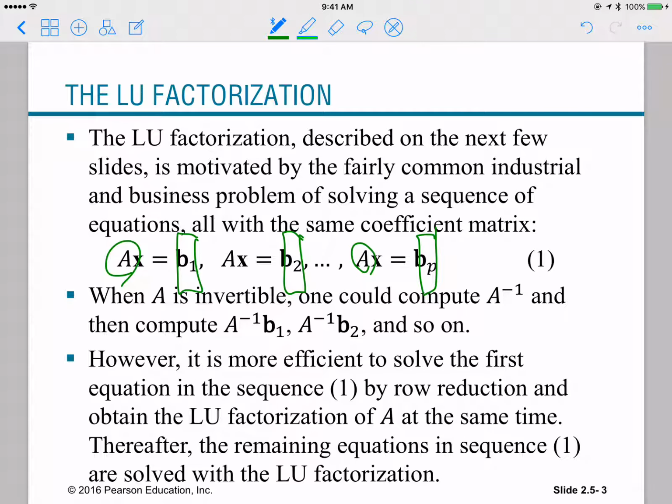It was computing the inverse. What was the B1? It was 1, 0, 0, 0. Then the second equation was 0, 1, 0, 0. So we used the same A, but different B's. If we obtain L and U matrices for the initial matrix A, then for whatever changing B vectors, we can efficiently do this forward substitution and the backward substitution to obtain the solution.